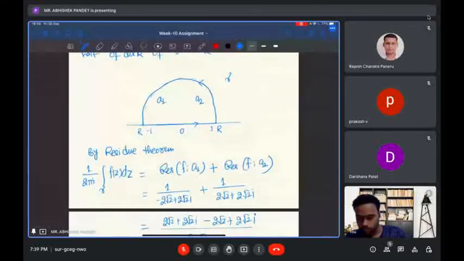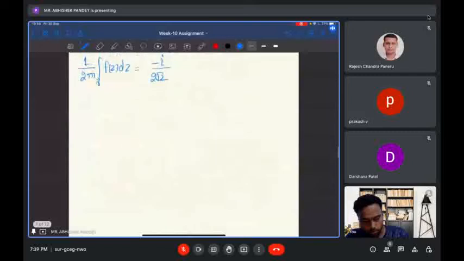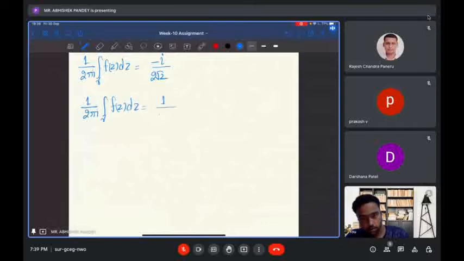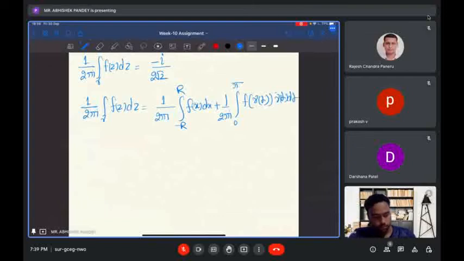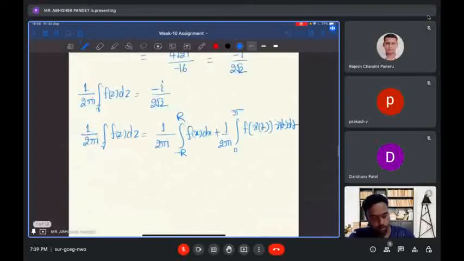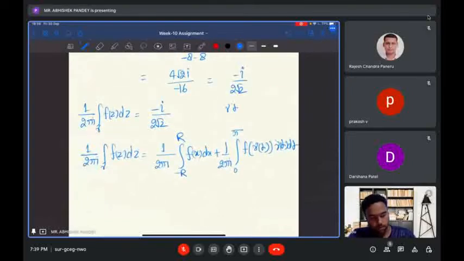You can write 1 upon 2 pi i integral over gamma f(z) dz as 1 upon 2 pi i integral from minus r to r f(x) dx plus 1 upon 2 pi i integral 0 to pi of f(gamma(t)) gamma dot t dt, where gamma of t is R e to the power iota t, where t is running from 0 to pi.